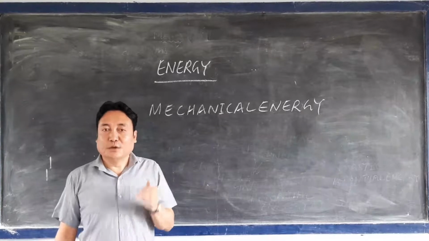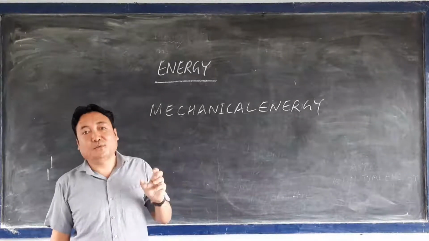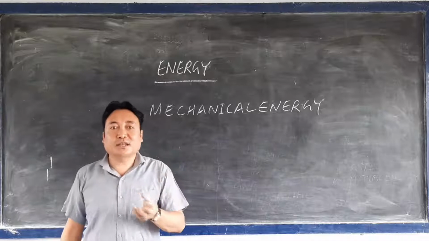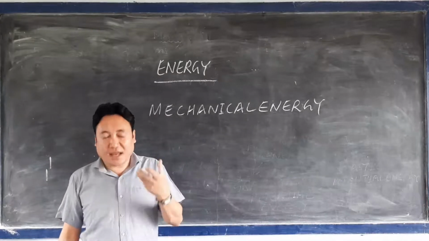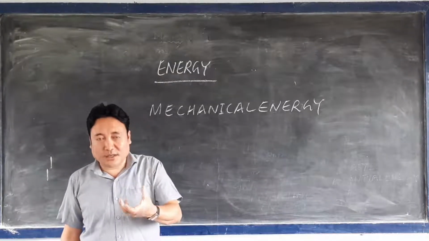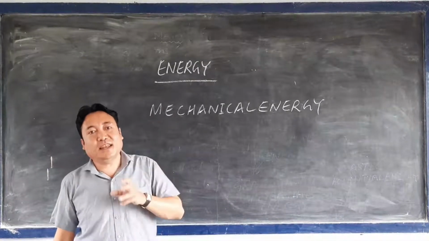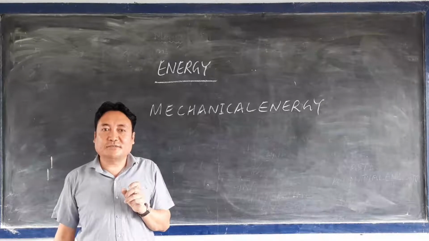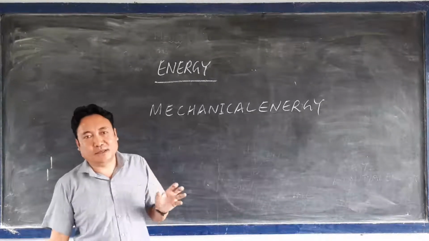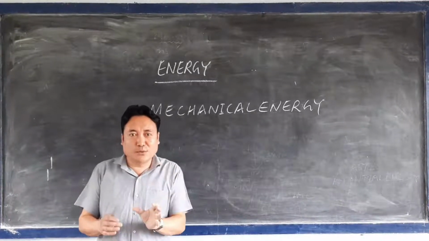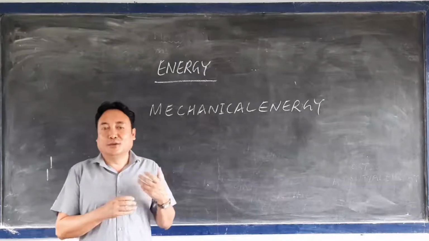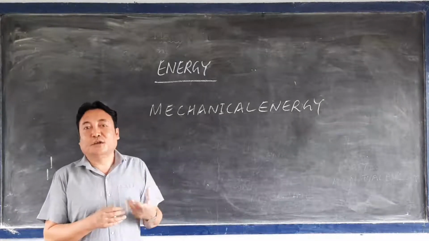So when we define work, work is done when a force is applied on it. In the same way, energy is defined as the capacity or the ability to do work. While doing work, you spend your energy, you lose your energy, and therefore you get tired.